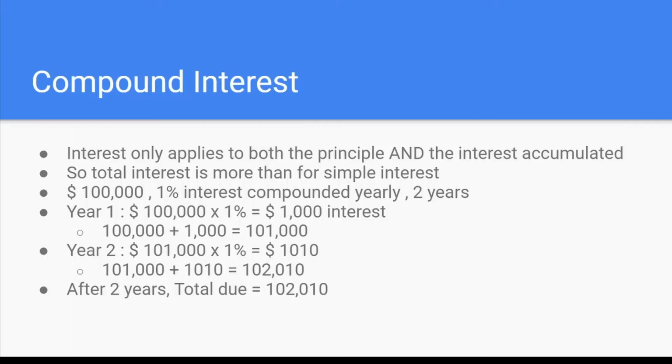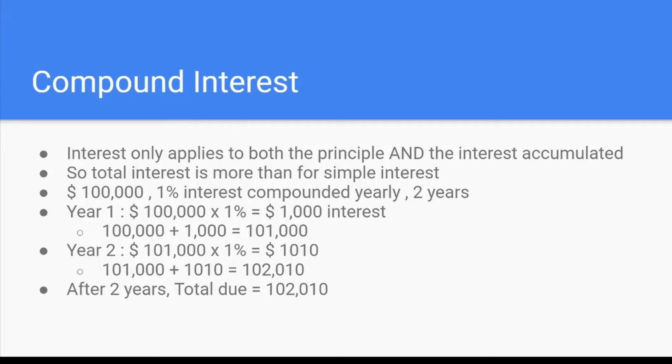The next type is compound interest, and this is where the interest applies to both the principal and the interest accumulated. So the total interest is more than the simple interest. For example, 100K at 1% interest compounded yearly for 2 years. On the first year, 100K at 1% is 1K interest.